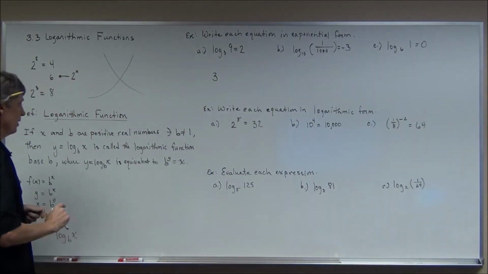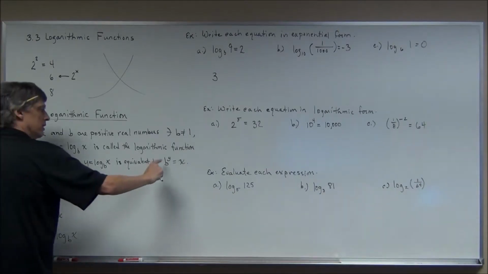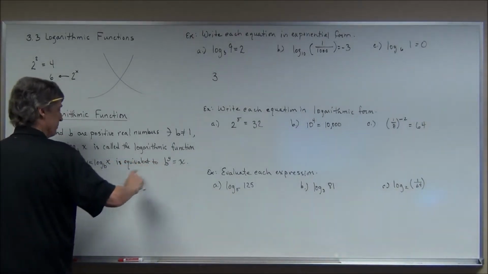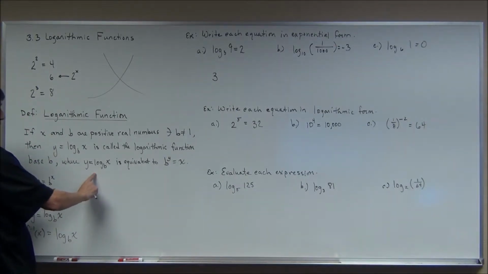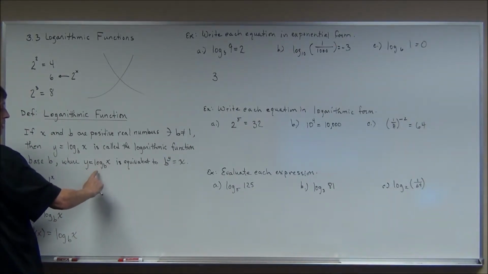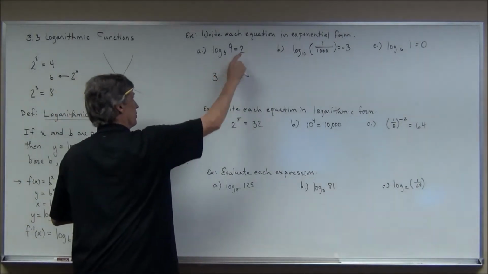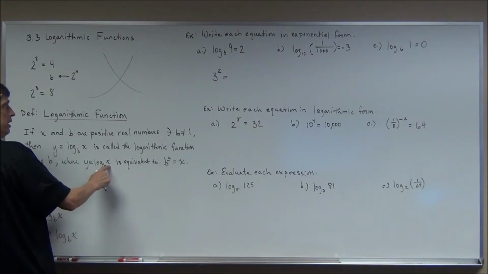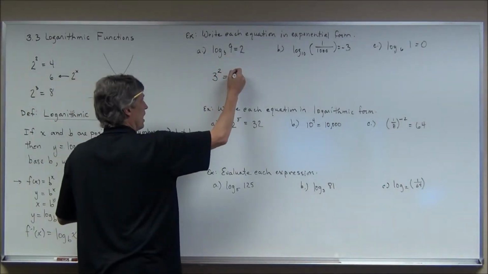And what's my exponent? My exponent, y, is, in this expression, what it's equal to. The y is equal to this logarithmic expression. So my exponent here is 2. And what does it equal? It equals, in this case, the x value over here, which is 9.